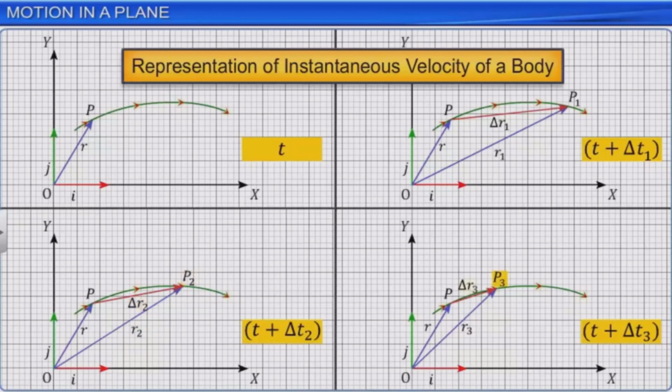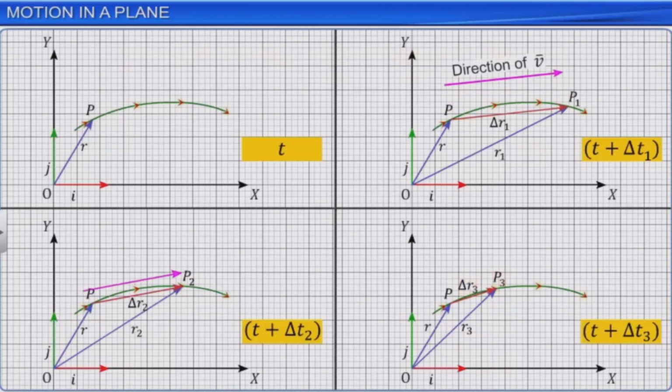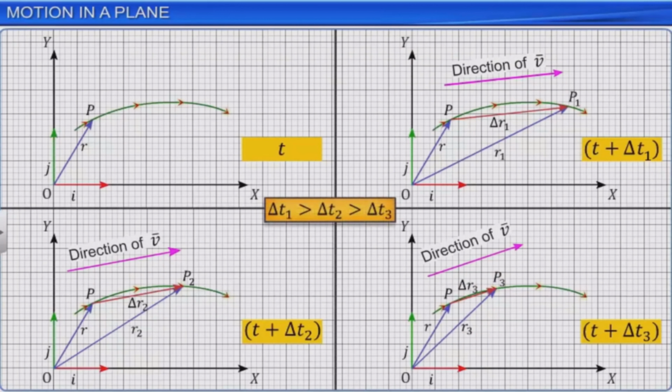The direction of average velocity vectors are shown in the graphs. Delta t1 is greater than delta t2 is greater than delta t3.